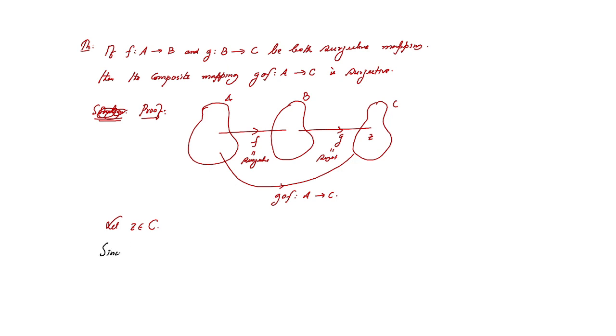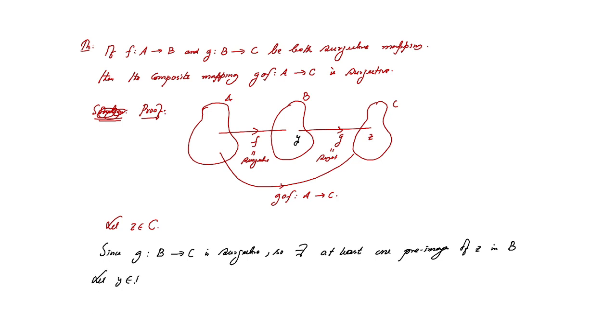Now since g, from B to C, is surjective, there exists at least one pre-image of z in B.